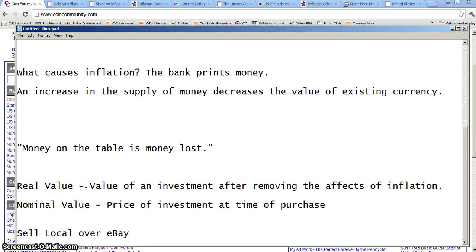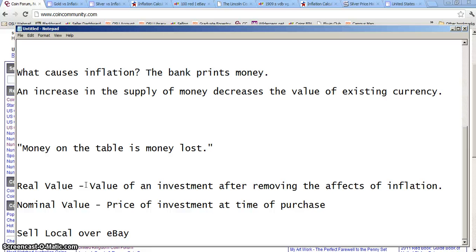Now we understand inflation, and we understand that the value of a dollar decreases over time. So how do we look back and figure out if we have made a good investment? We have to figure out the real value of that investment.